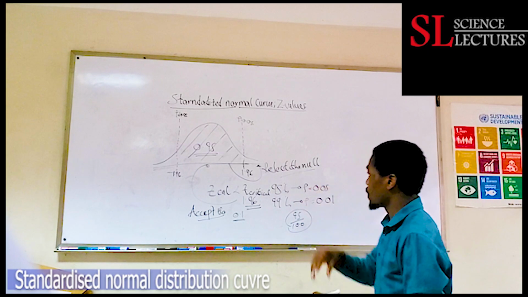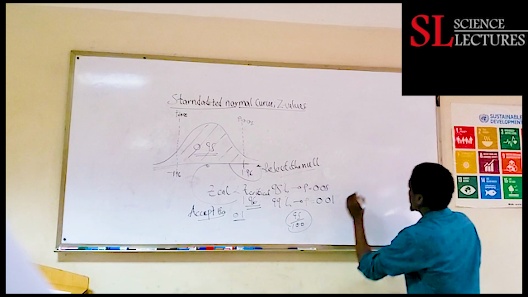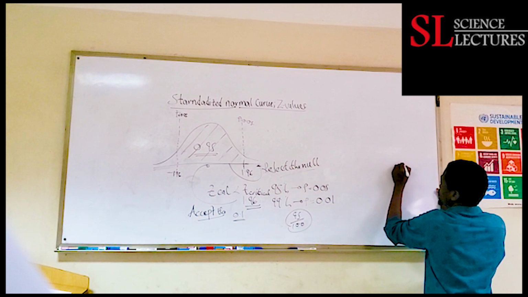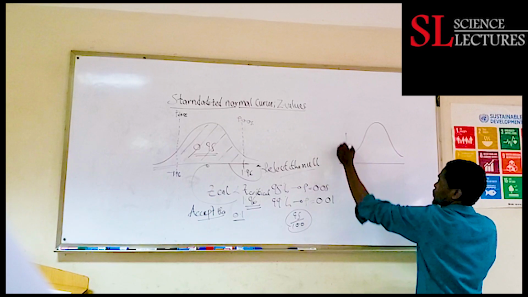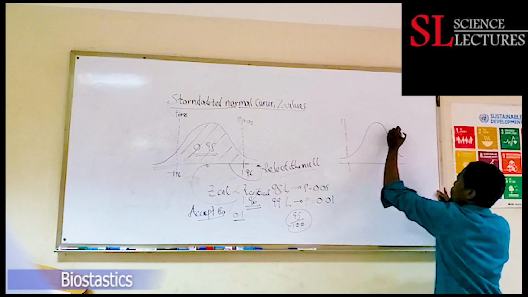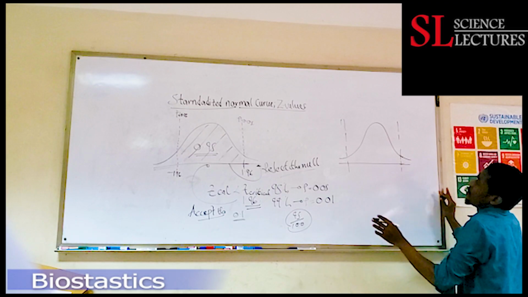Why? There is something also we need to digest before we go further with this test. If we have the same curve, the probability is somewhere there, and the probability is also somewhere here.